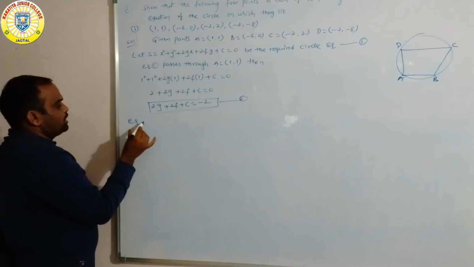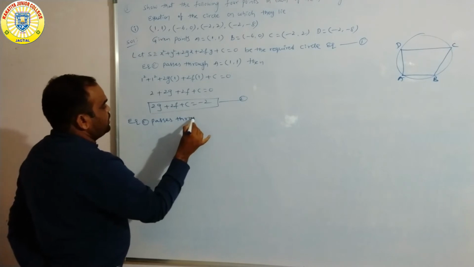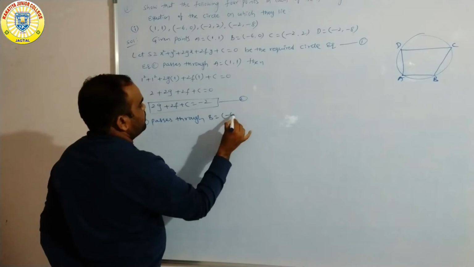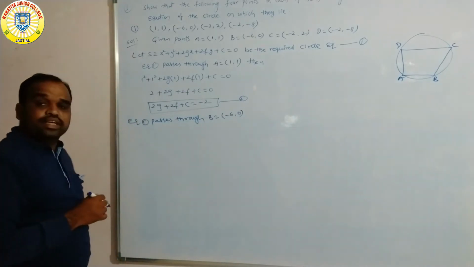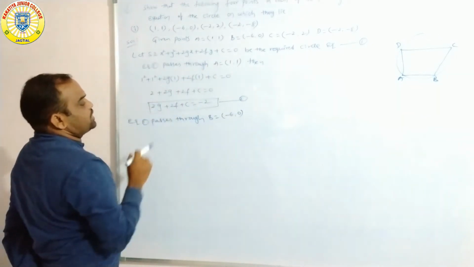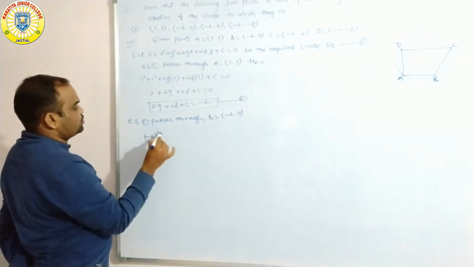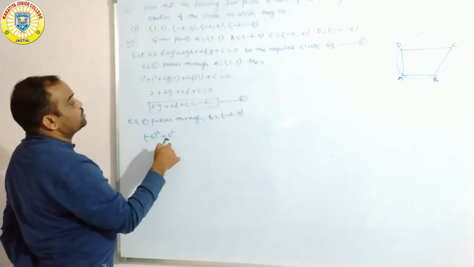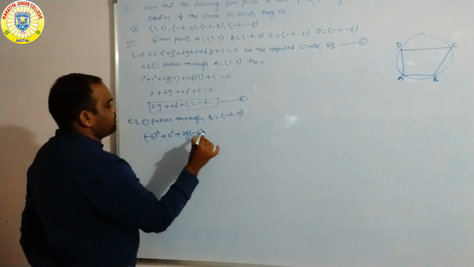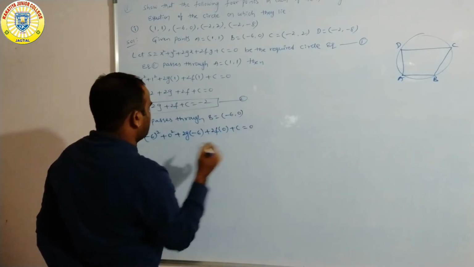And also equation 1 passes through B, which is minus 6, 0. In the same equation 1 we substitute x is equal to minus 6 and y is equal to 0. Here minus 6 whole square plus 0 square plus 2g into minus 6 plus 2f into 0 plus c is equal to 0.